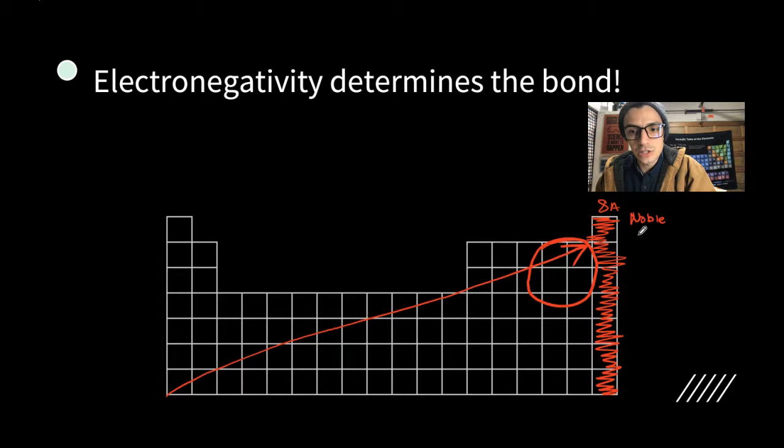And noble gases do not bond with other elements. The reason is because they have a complete octet. So if they have a complete octet, they're never going to bond with anything else, and we don't even consider their electronegativity values, though technically they are still very high, but we don't consider their values when we talk about bonding because they can't bond. They've already been fit, their outer shell is full, and they're extremely stable.